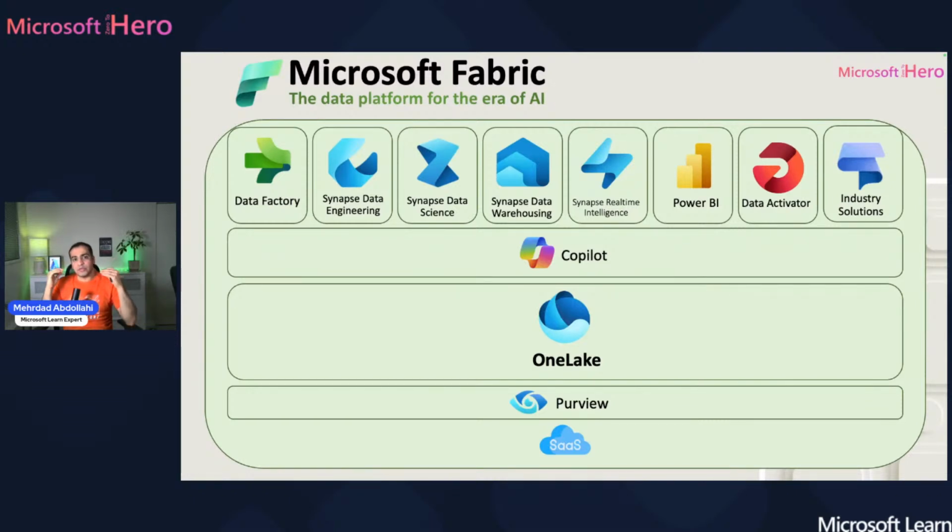For example, for storage, Microsoft Fabric provides us with OneLake, which is a flexible one. You're going to have only one copy of your data for the whole organization. Just imagine two different teams wanted to work on the same data. For example, a team in marketing and another team in sales wanted to work on the same data.